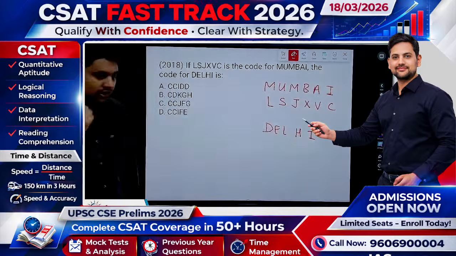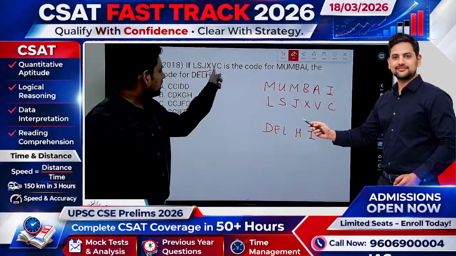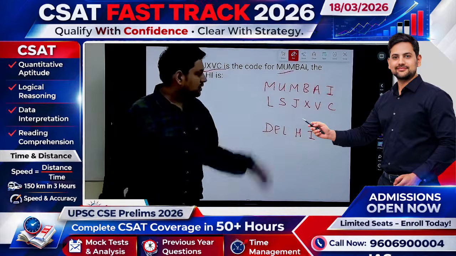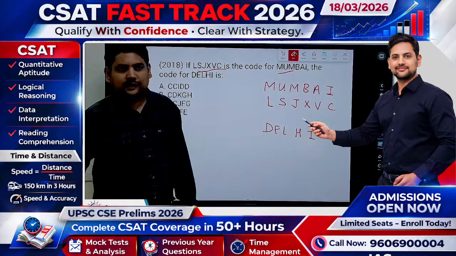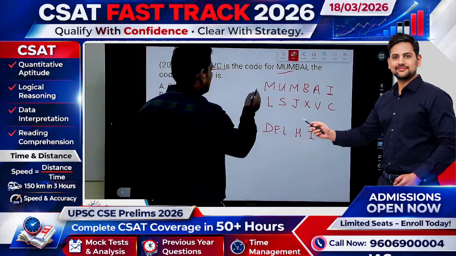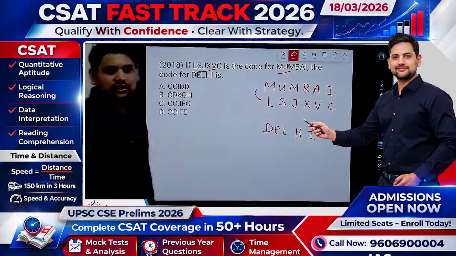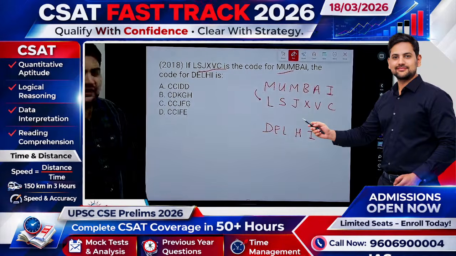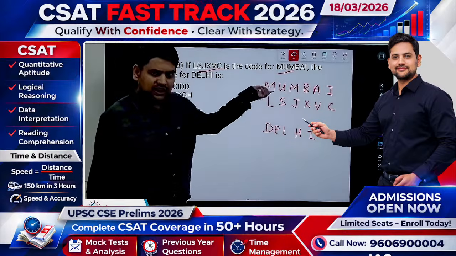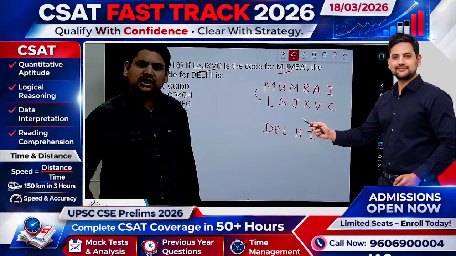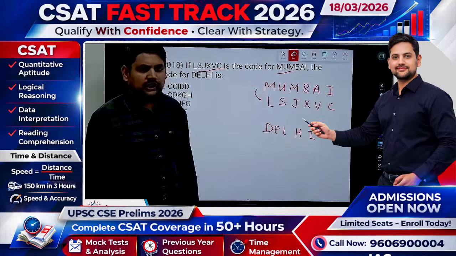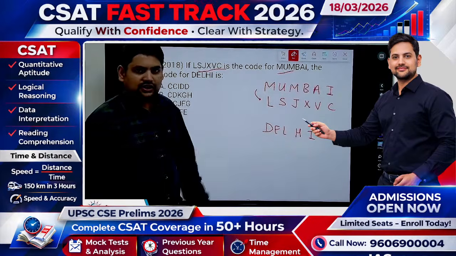So if this is the code for Mumbai, so Mumbai is written like this, then how would Delhi be written? This is the question. So what are we doing here? Minus 1. Or if this is alphabetically more, then you can think of it in different terms. LM, what is the difference?